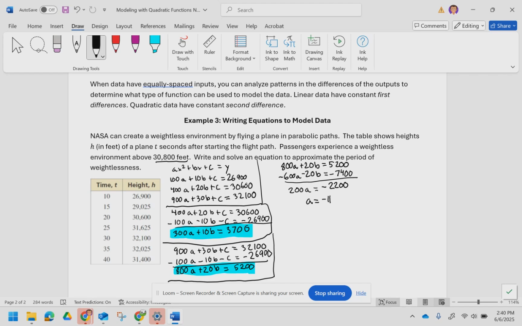Okay, now that we've got our a, we can substitute it into either of these equations in blue to figure out b. So substituting in negative 11 for a, we can then solve for b and get that b is equal to 700. Now, once we know a and b, we could take any of these equations. I'd probably use the top one.